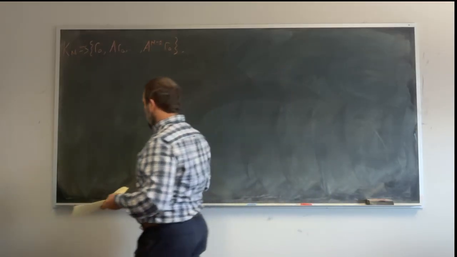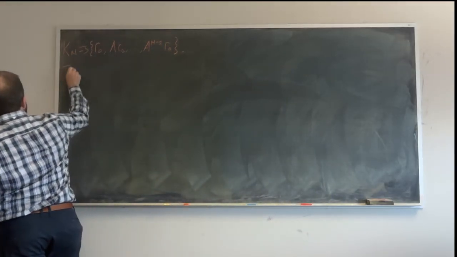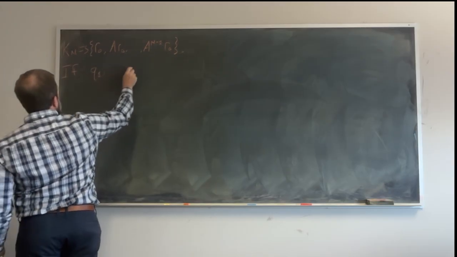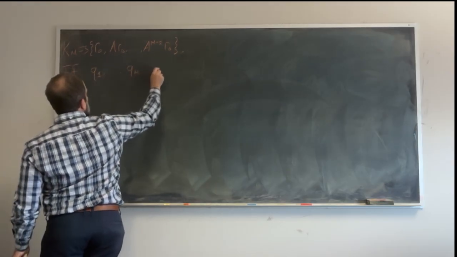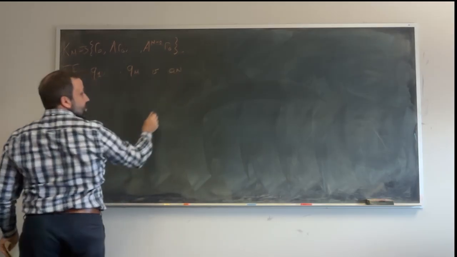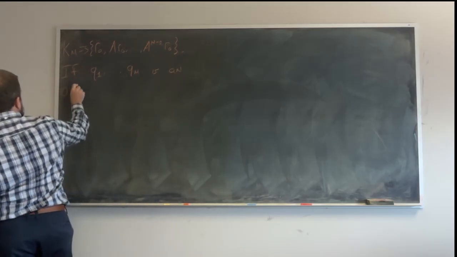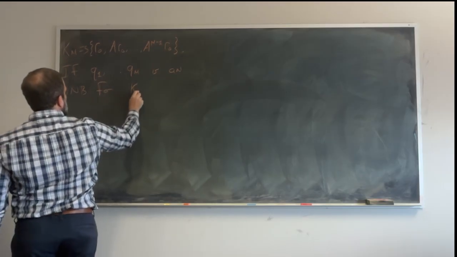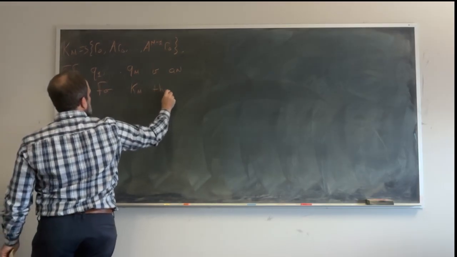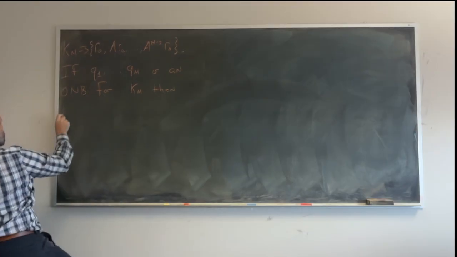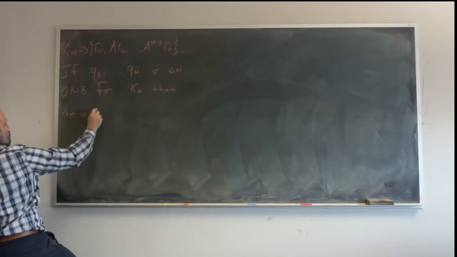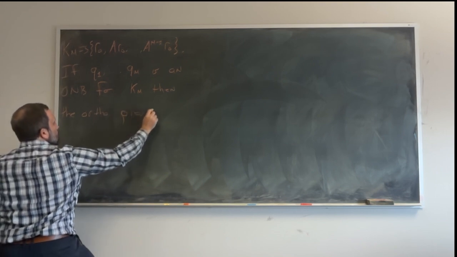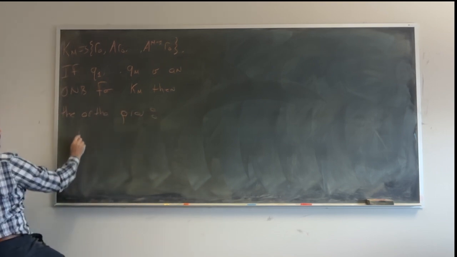Now, in general, if we have an orthonormal set Q1 to Qm, an orthonormal basis for Km, then the orthogonal projection can be given by the following formula.